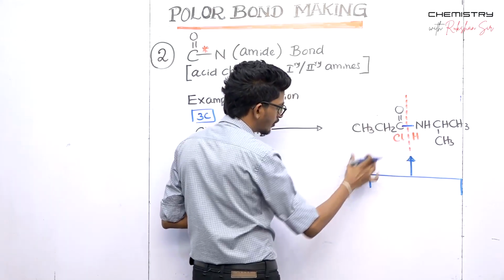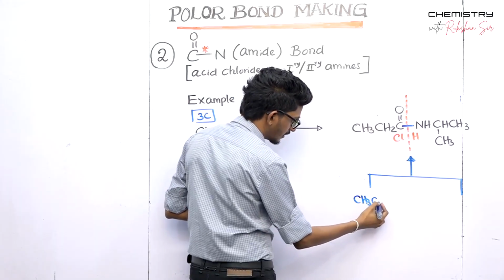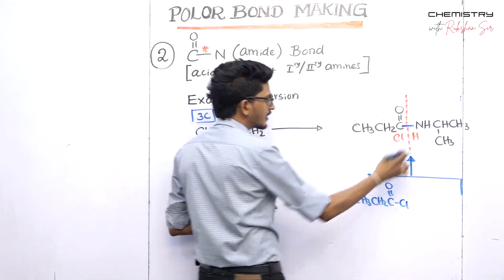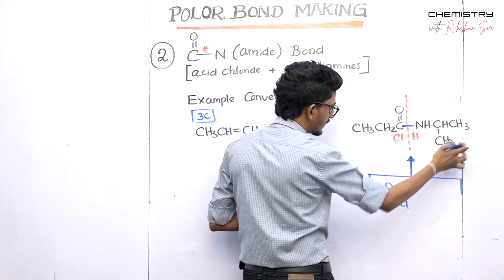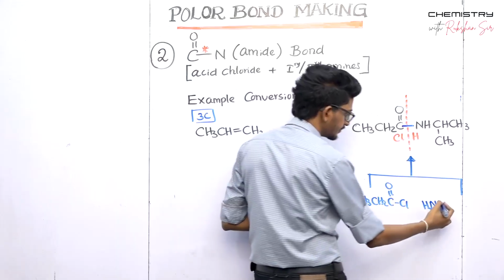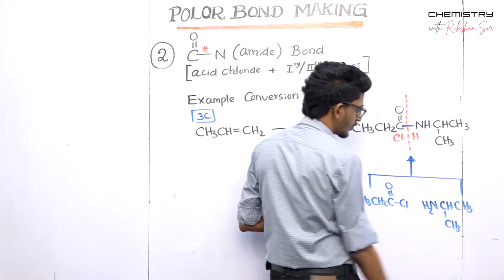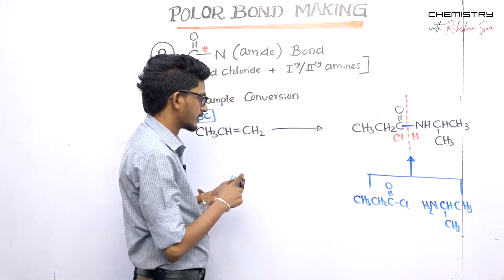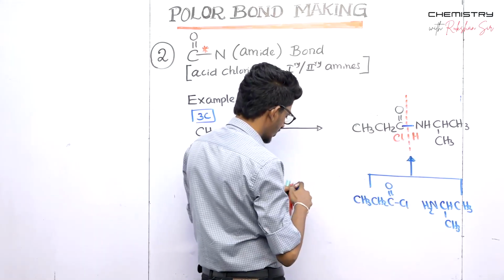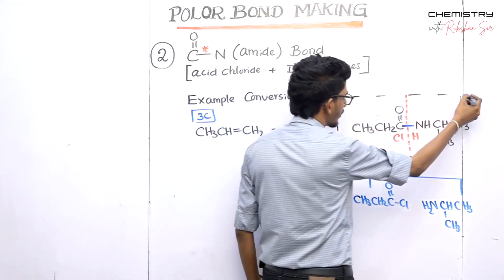So here this is formed by this acid chloride, CH3CH2COCl, reacting with this NH2 compound. You react these two and you will get this one. No need to add anything. Just react these two and you will get this amide. So this is the heart of the question, and the problem is actually solved now.